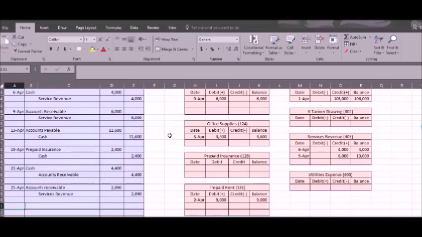28th, Tanner withdraws $5,500 cash from the company for personal use. So now he's taking money out to put back into his own pocket, right? That's that withdrawal account. So this is going to be K Tanner withdrawals. Remember, withdrawals is a contra equity account, right?